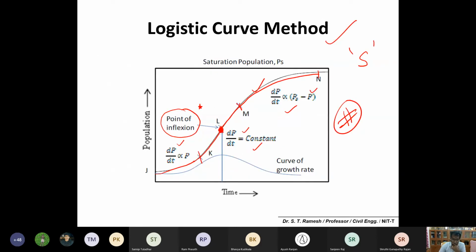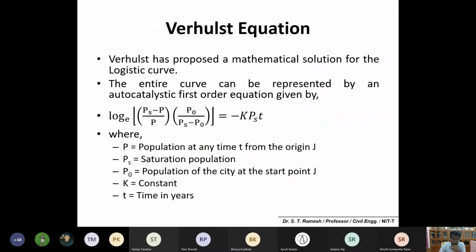This population growth curve is mathematically solved with an equation. Please make a note: the entire curve can be represented by an autocatalytic first order equation.